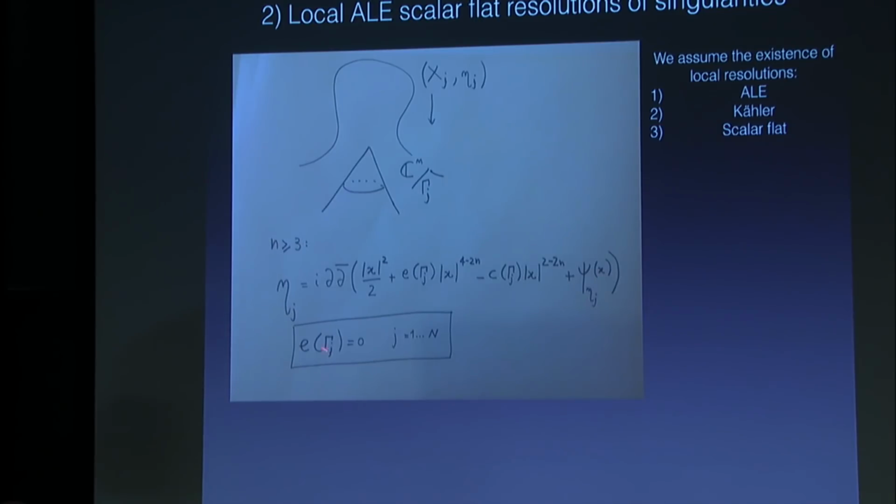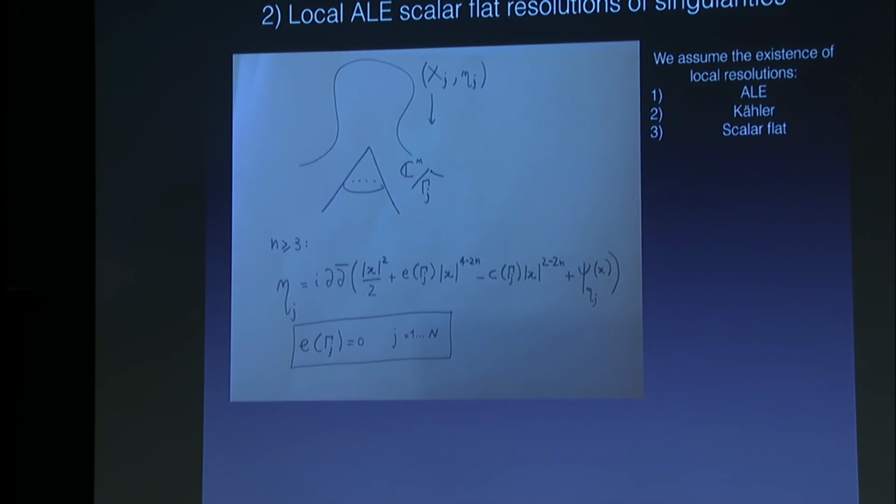Now there's a general ansatz saying how these metrics look. If you have something like this, the metric is given by dd-bar of a Kaehler potential. It has a very specific form. The fact that it starts with |x|^2/2 is the translation of the ALE condition, because if you take dd-bar of |x|^2, you get the Euclidean metric.